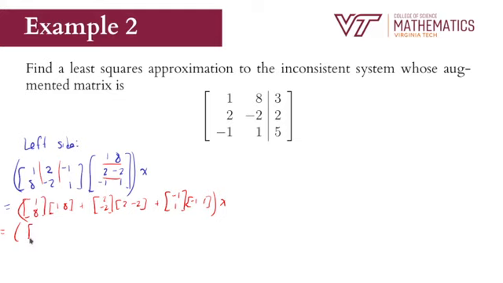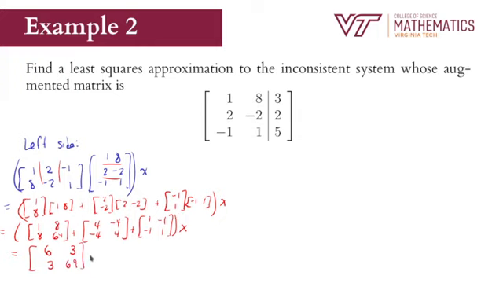So 1, 8 times 1 is still 1, 8. 1, 8 times 8 is 8, 64. 2, negative 2 times 2 is 4, negative 4. 2, negative 2 times negative 2 is negative 4, positive 4. And then negative 1, 1 times negative 1, and negative 1, 1 times positive 1. And when we add all this together, we get 6, 3, 3, 69.